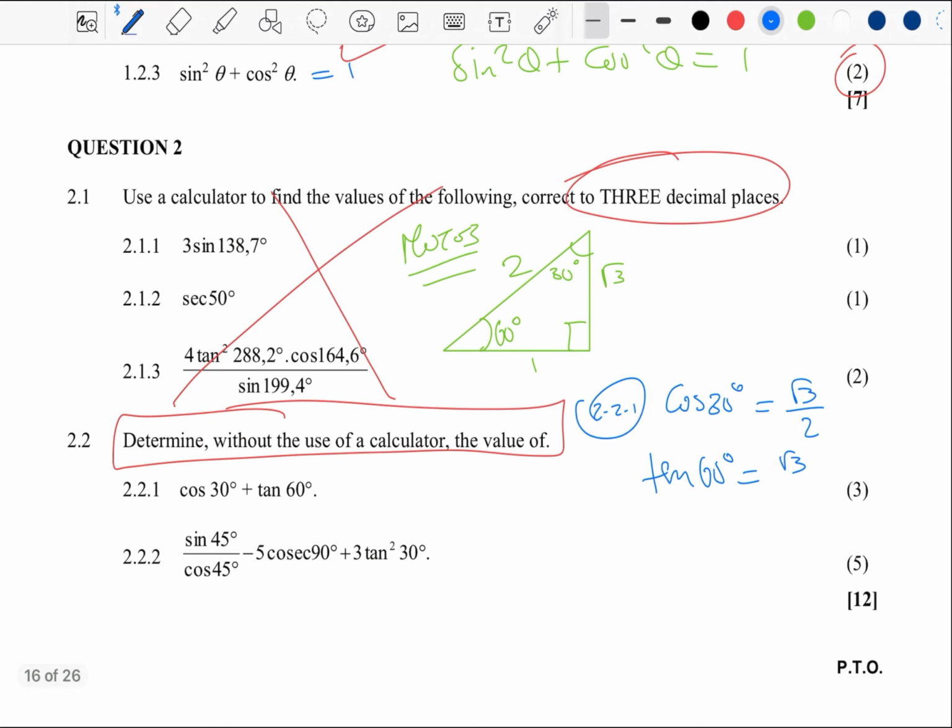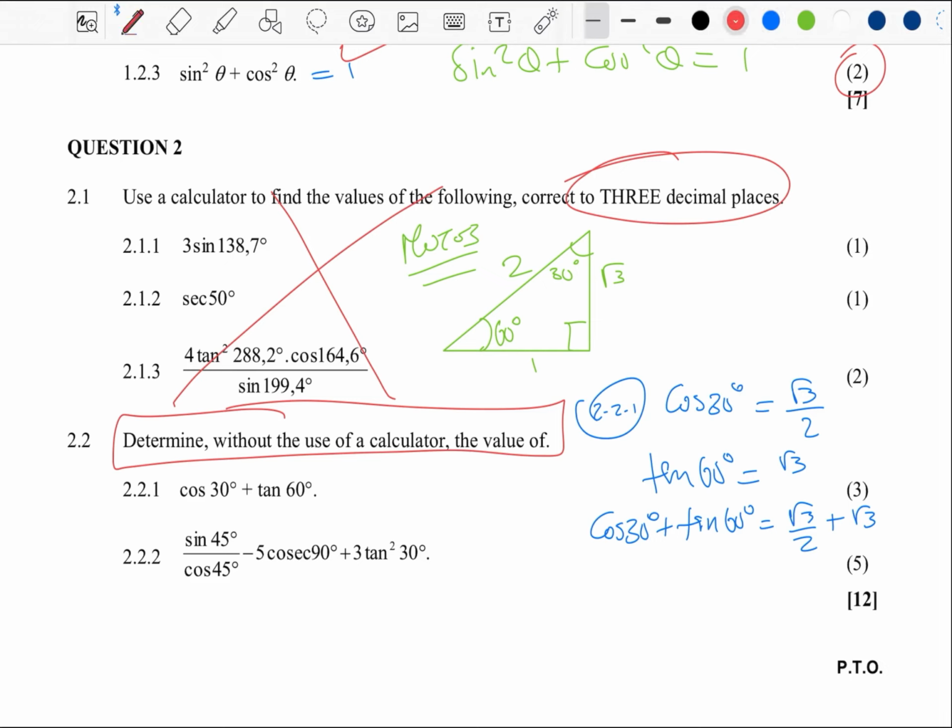Okay, and then you can say, okay, cool, what is cos 30 degrees plus tan 60 degrees? Which is equal to root 3/2 plus root 3. And then you get your answer. Basically, this is your answer. If you want to simplify, you can simplify it further, but this is your answer.